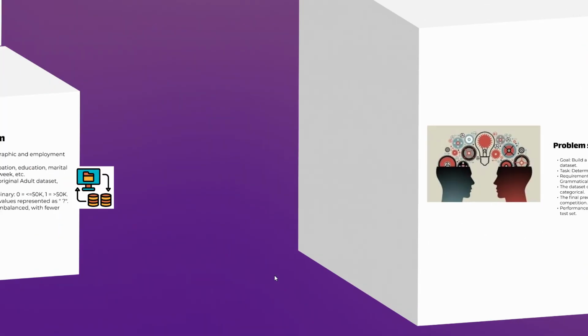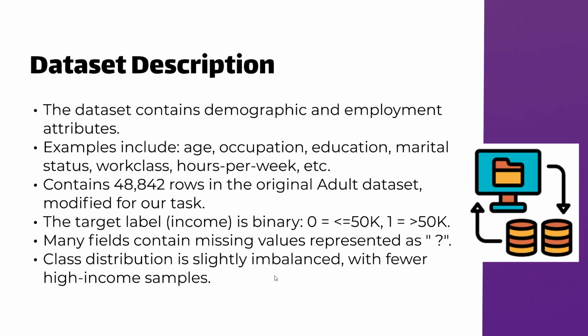Now let's discuss the dataset description. The dataset contains demographic, educational, and work related attributes. Some examples are age, work class, education level, marital status, capital gain, hours worked per week, and occupation.